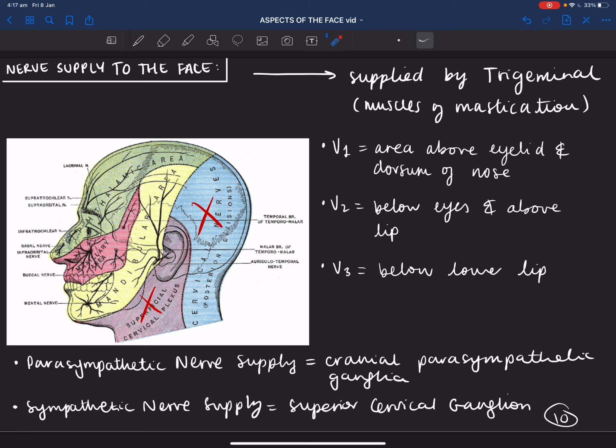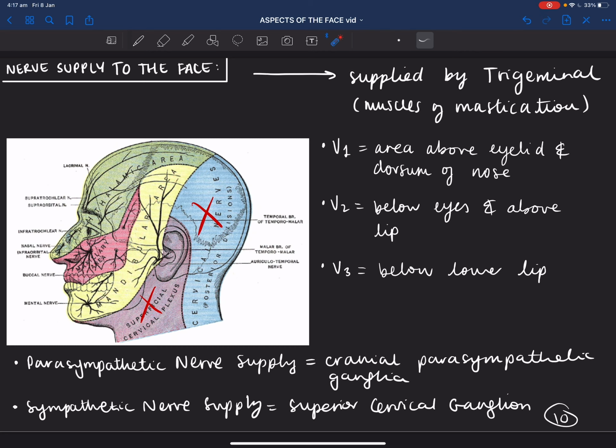But the 3 divisions are the ophthalmic division, right at the top. Then we have the second one, V2, which is the maxillary division. And finally, the mandibular division. Now, the mandible is here, but actually the mandibular division, V3, spreads all the way up to your ear and your temporal region as well.